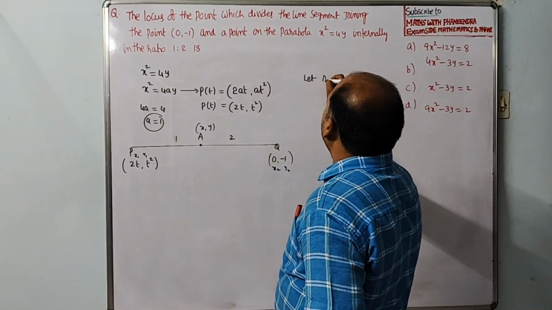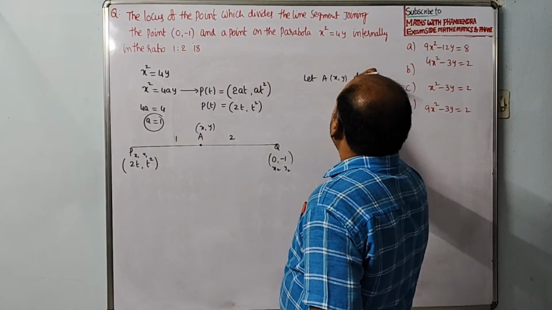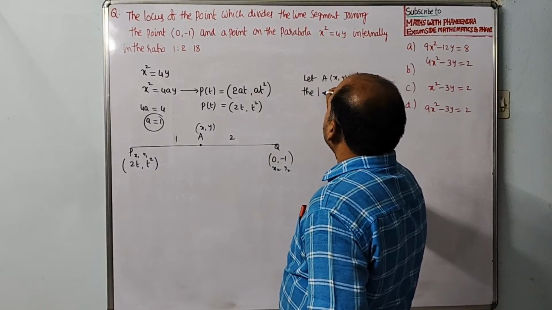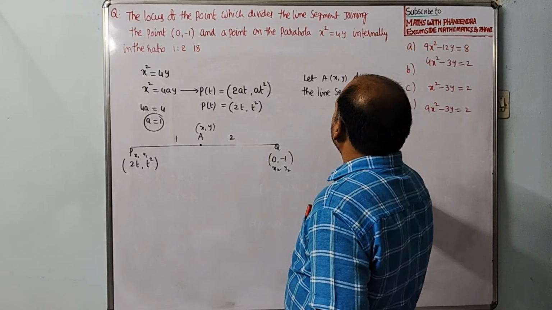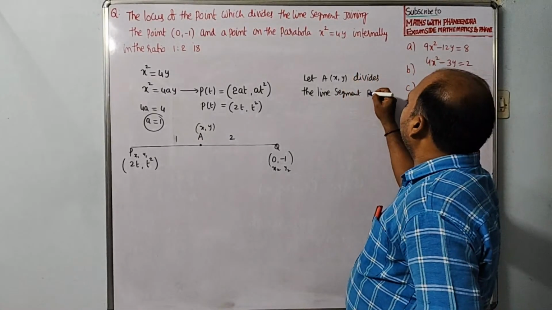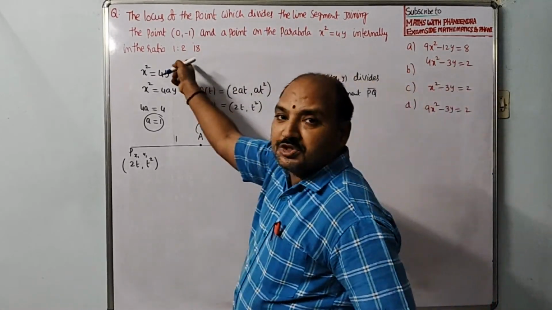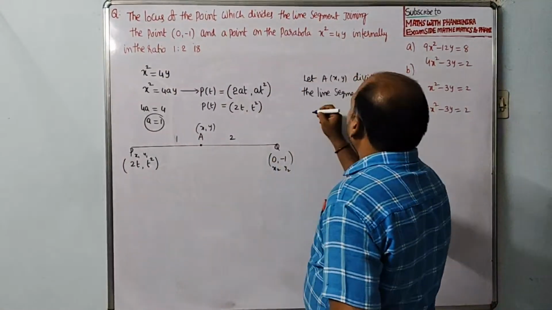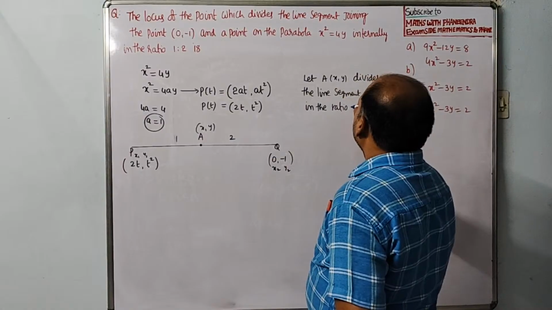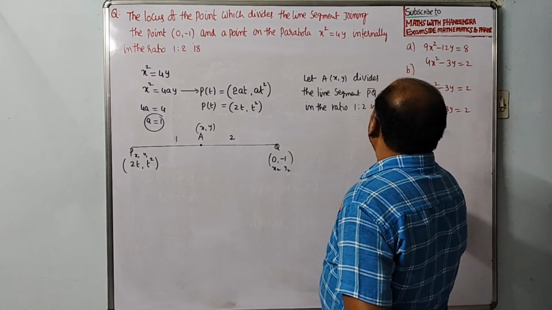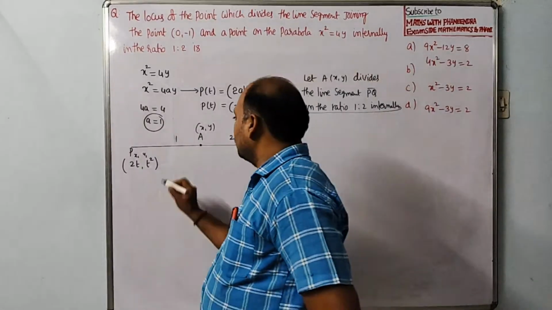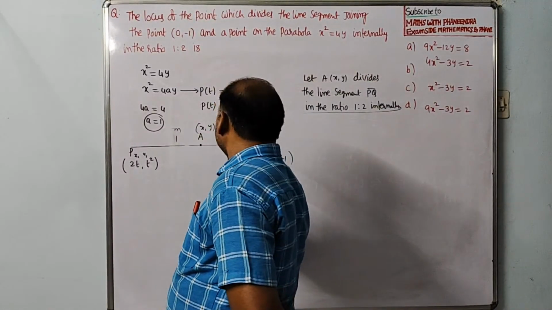Let A of (x, y) divide the line segment PQ in the ratio 1:2 internally. So this is m, this is n, dear students.